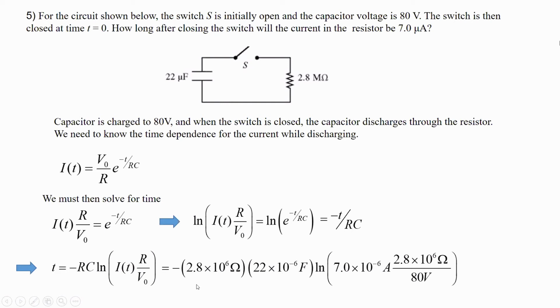So this is the RC part of the equation, values for that. This is the current. We're evaluating the current. We want to know what the time is when this amount of current that's passing through the 2.8 mega ohm resistor reaches 70 microamps.